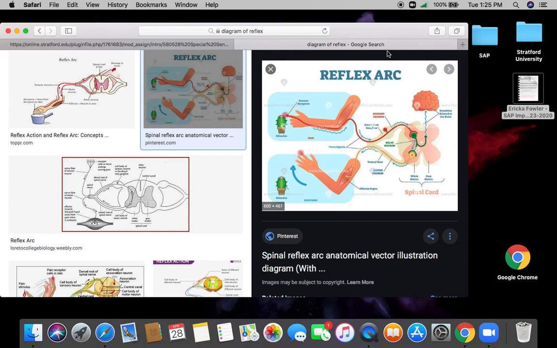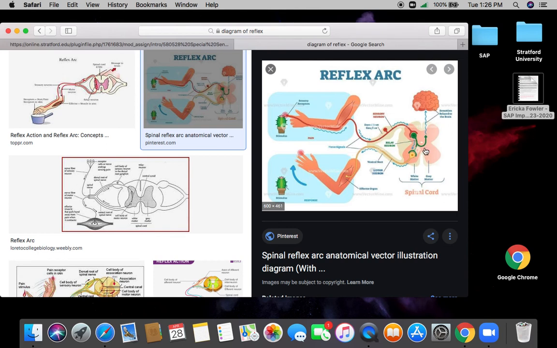Now, this reflex arc also shows you why yesterday when I was cooking French fries I was able to pull my arm away even before I felt the pain. How does that work? Because the reflex arc had to travel from here, here, here, and get me out of danger.